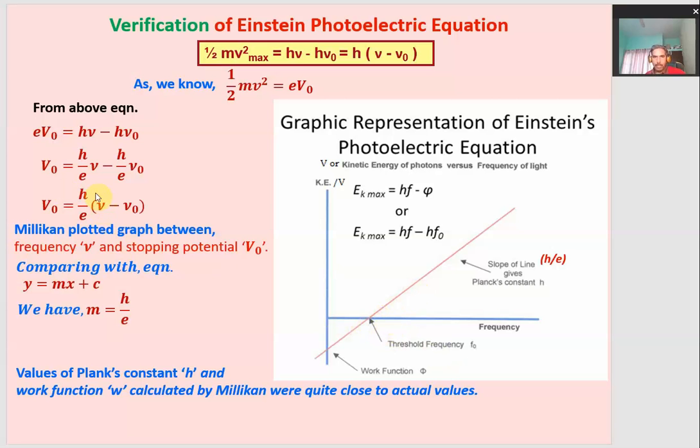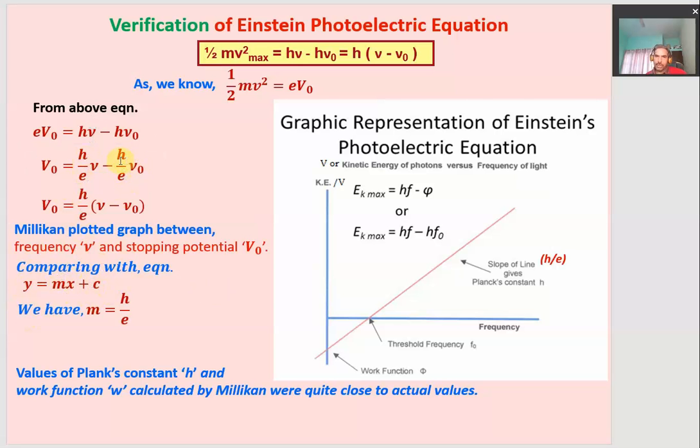Now we compare this equation with this equation, which is the general equation of a straight line. Whenever we compare these two equations, we see that in place of m we have here h upon e, and c is something constant, so it is h upon e nu naught.